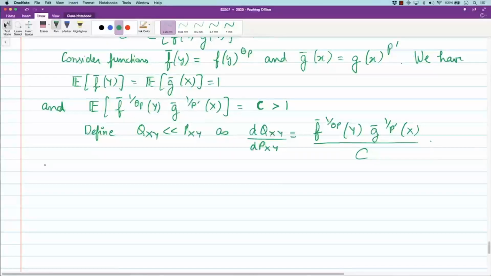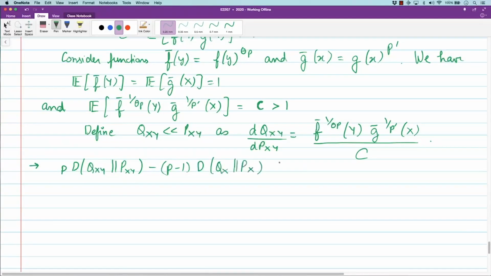Now let's compute all the quantities involved for this Q. So let's compute the denominator of kappa for this Q first. So we have p times D(Q_XY || P_XY) minus (p minus 1) times D(Q_X || P_X).